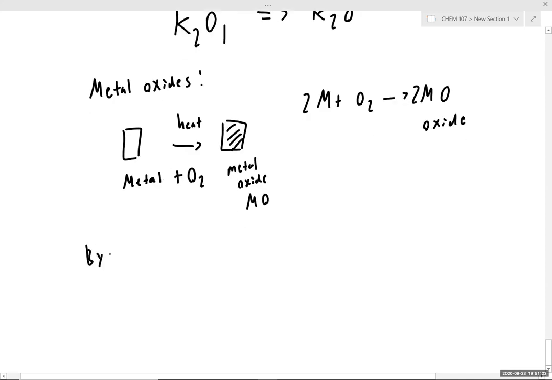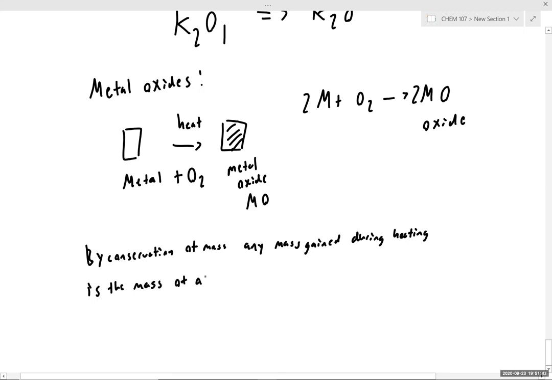So by conservation of mass, any mass gained during heating is the mass of oxygen in our metal oxide. The oxygen that ends up in our product comes from the oxygen in air.